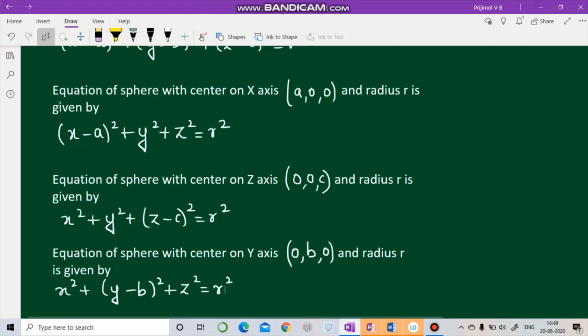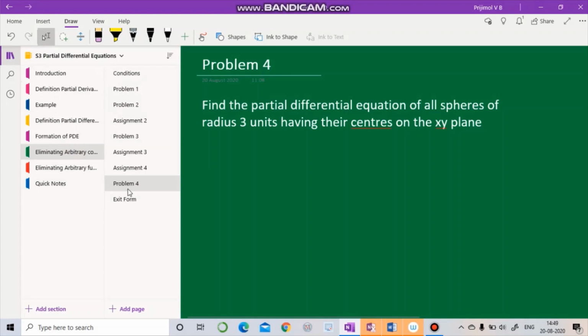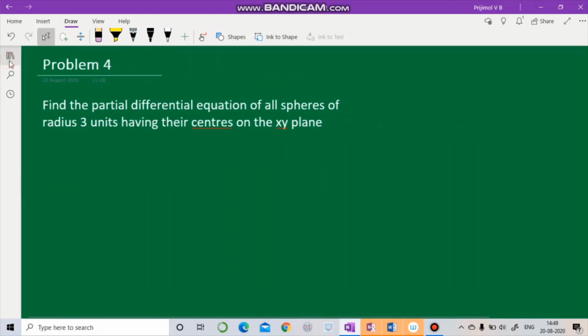Now let us solve the problem. So here, what is the equation of a sphere of radius 3 units having its center on the xy plane? Now let me discuss the solution. So we have a sphere with center on the xy plane. That means what will be the center of this sphere?